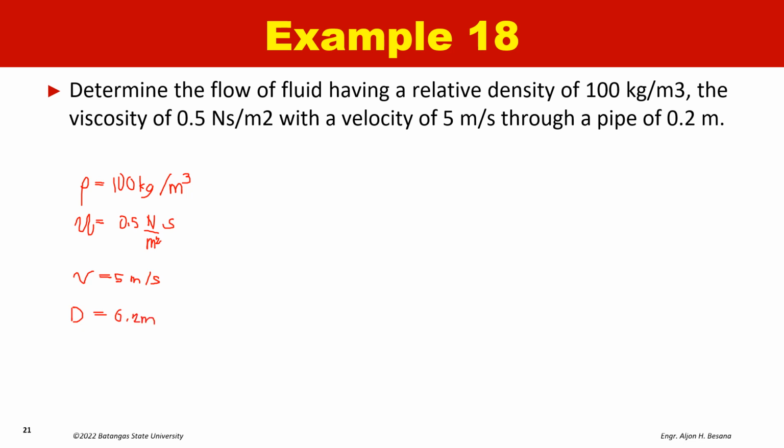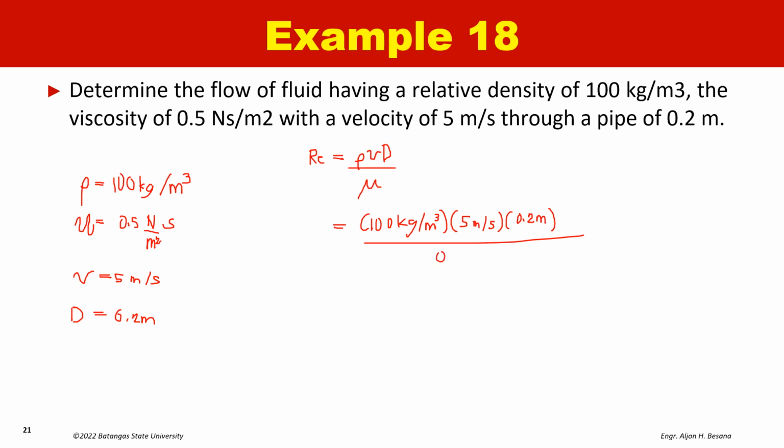Again, the formula: Reynolds number is simply equal to density multiplied by velocity multiplied by diameter, all over our dynamic viscosity. We have our density of 100 kilogram per meter cube, multiplied by our velocity of 5 meters per second, with the pipe diameter of 0.2 meters and a dynamic viscosity of 0.5 Newton second per meter squared.